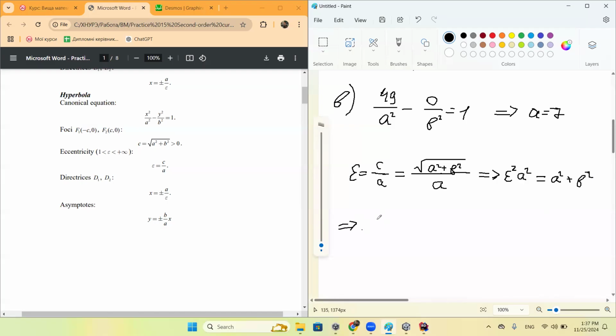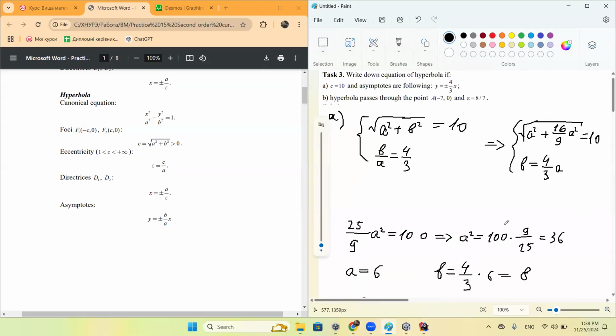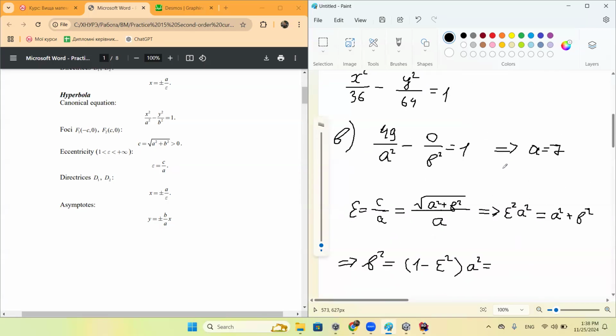So B to the power of 2 equals A squared times epsilon to the power of 2 minus 1.